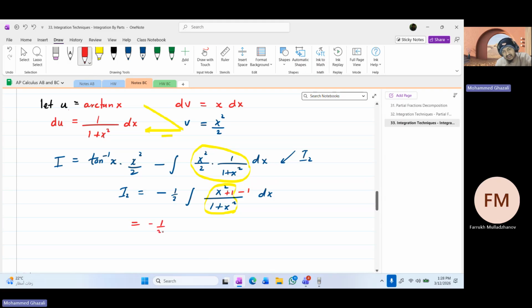So we get negative half integral of x squared plus 1 over 1 plus x squared, minus 1 over 1 plus x squared dx. The integral of 1 dx is just x, and the integral of the other is arctan again.